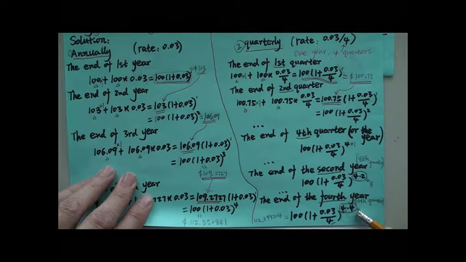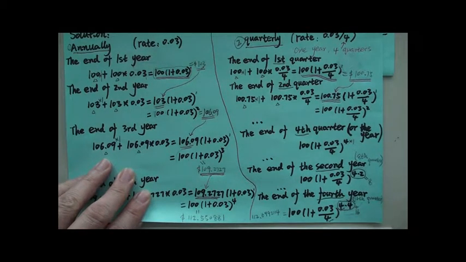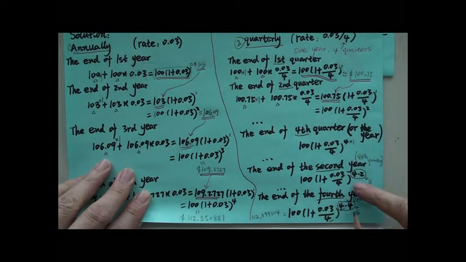That's 4 times 4. So you will then have 100 times 1 plus 0.03 over 4 to the exponent 4 times 4. So you can see at the end of the first year, here is 4 times 1. The second year will be 4 times 2. The fourth year would be 4 times 4.